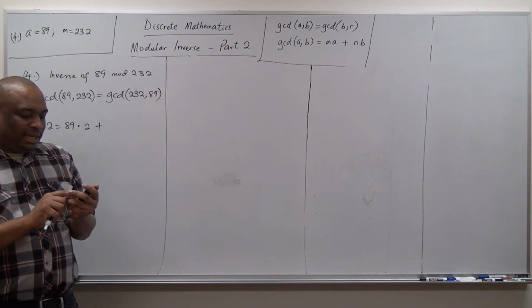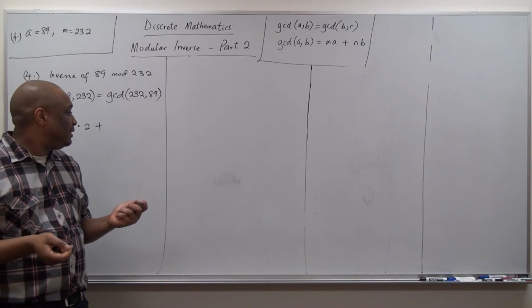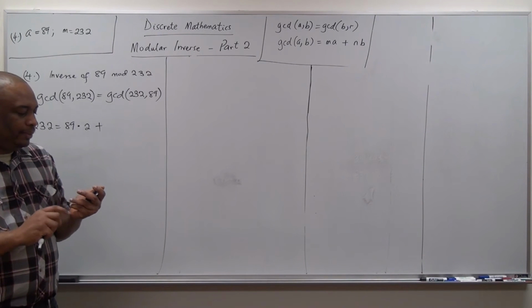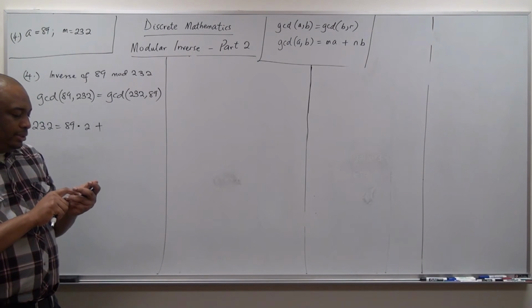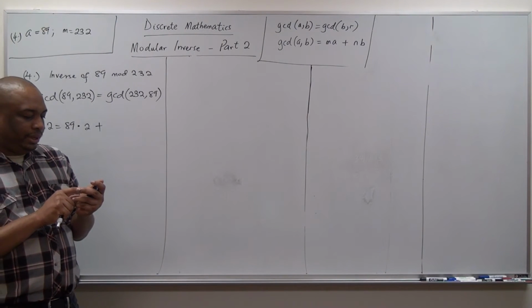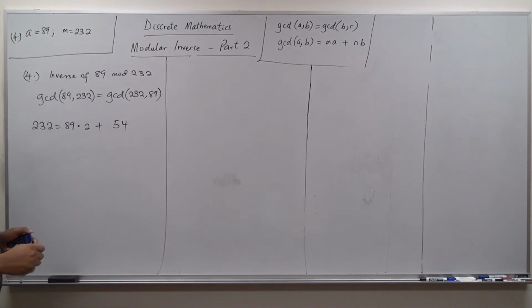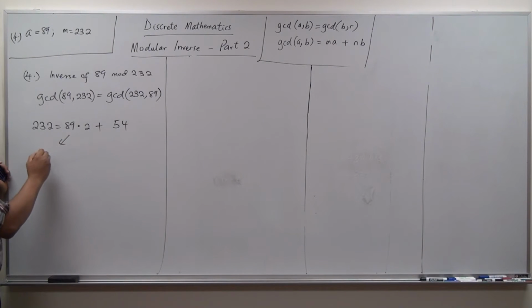Then you do 89 times 2, of course 178. Then you do 232 minus 178, which gives you 54. So you bring down 89 again, 89 and 54.